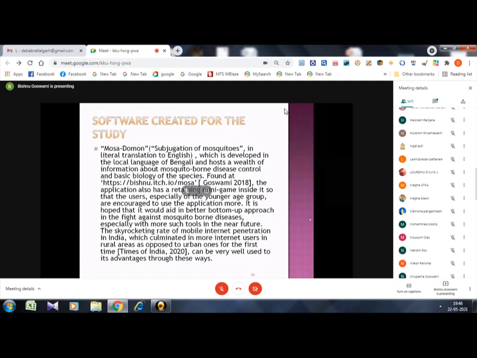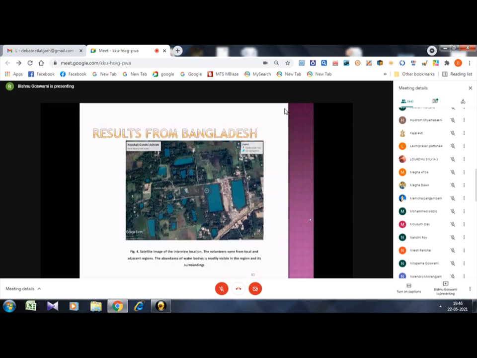It hosts a wealth of information about mosquito-borne diseases, and this was done using data from various reputed websites and also with the help of our professors in our university. And the skyrocketing rate of mobile internet penetration in India was one of the drivers of making this application, Mosha Gamon. And on the other hand, from Bangladesh, we can see there is another map here.